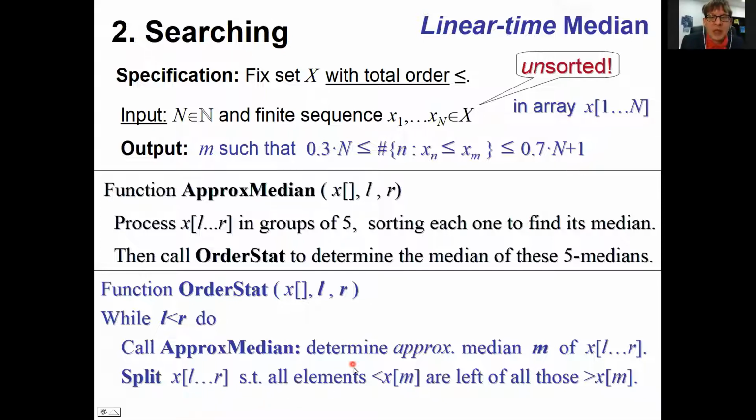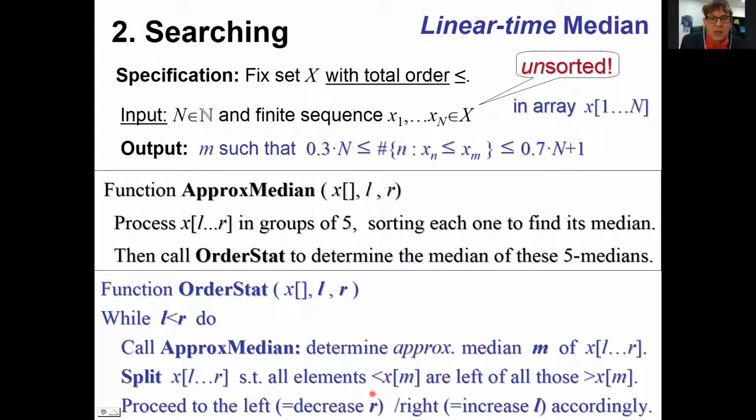And then let's look at how many elements are smaller and how many elements are larger. If the number of elements that are smaller is less than half of the elements, then that means that the median is located in the right part. And if the number of elements that are smaller is greater than n over 2, then that means that the median must be located in the left half.